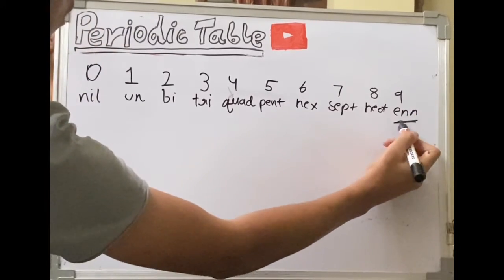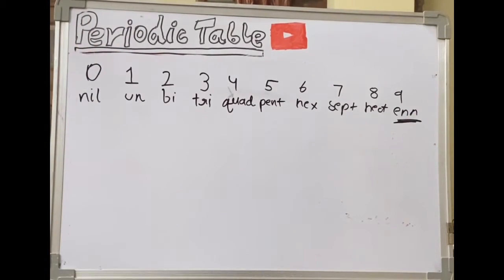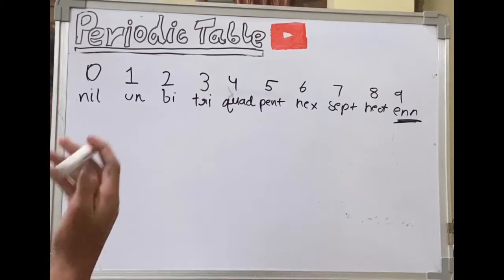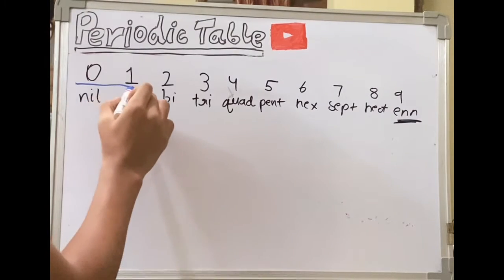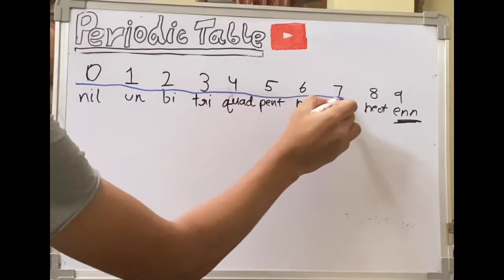This is the only one which you might have problems learning. So as I said before, these prefixes are very important to learn. Now I'm going to show you how to use them.